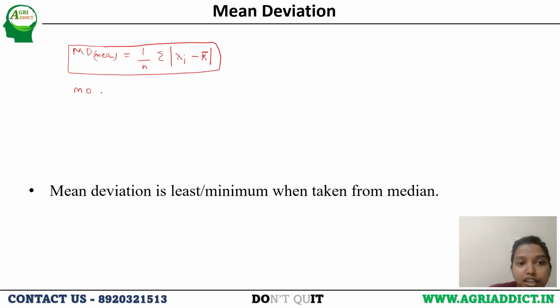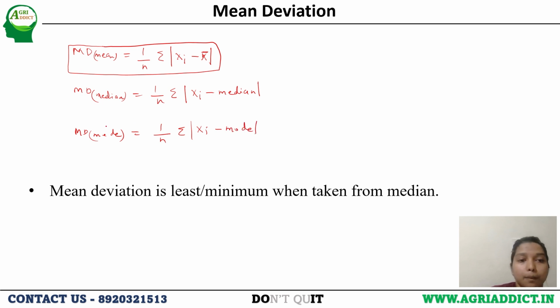If we are calculating mean deviation from the median, it will be 1 by n summation of modulus of xi minus median. For mean deviation from the mode, it will be 1 upon n summation of modulus of xi minus mode. These are the three formulas for calculating mean deviation.